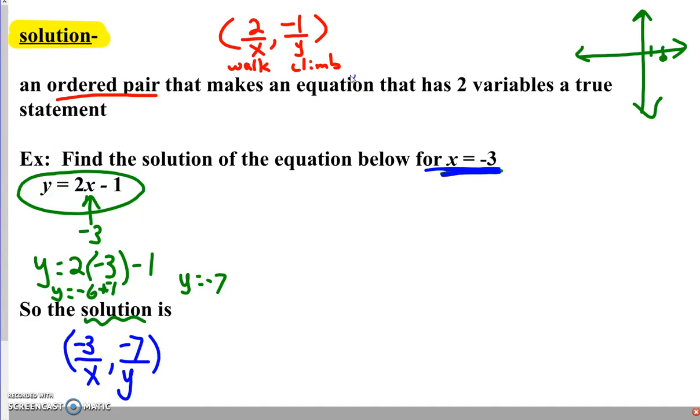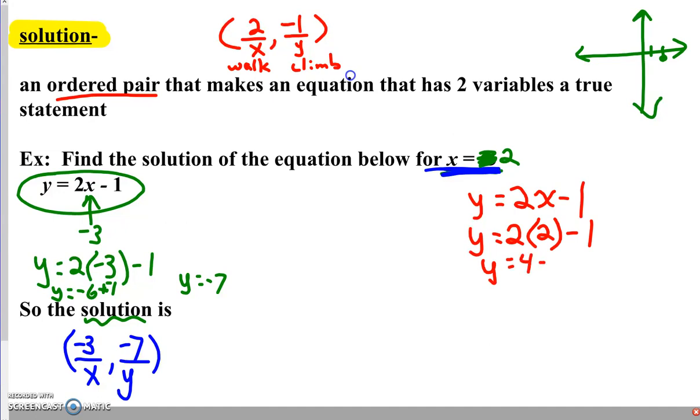First they told us x was -3, but what if they said, you know what, we want x to be +2? You would do all the same work. You would substitute whatever they tell you x should be. So y equals 2 times, this time they said make x 2 minus 1. Y equals 4 minus 1, so y equals 3.